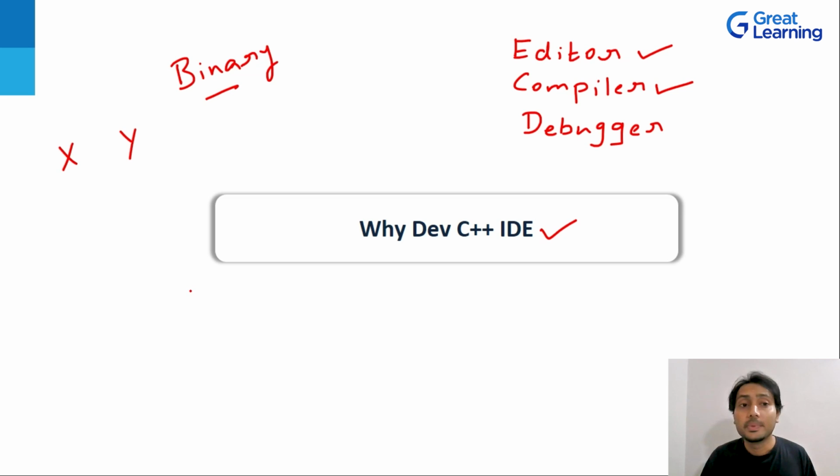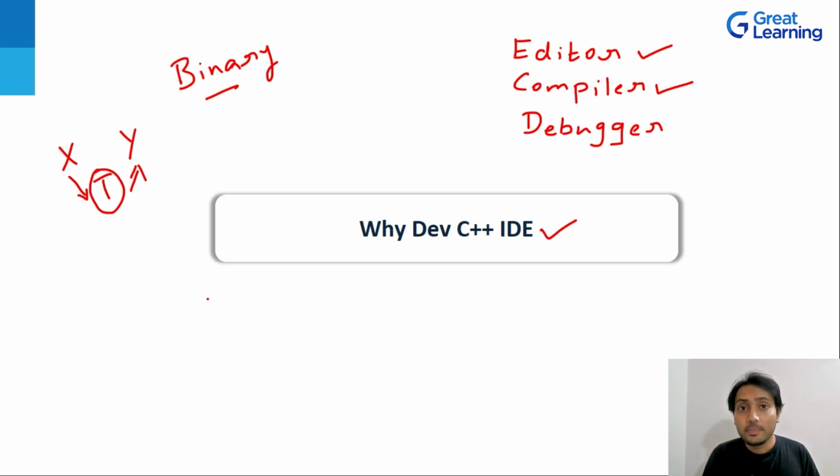One simple solution is they will hire a translator. Whatever X wants to communicate, he will tell the translator, and the translator will translate it into Chinese so that Y can easily understand it, and vice versa. So with the help of this translator, X and Y can communicate.